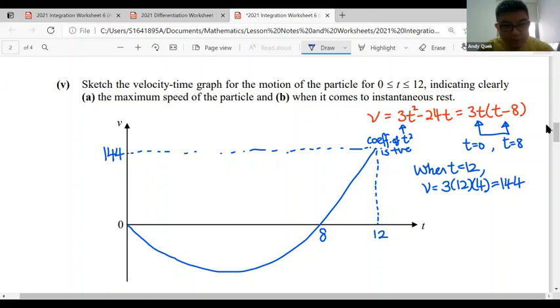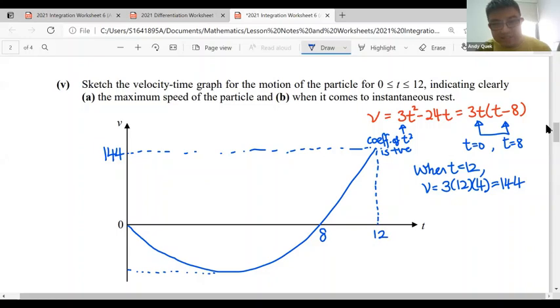But I also need to double check this one. Although it is a minimum turning point, if this value were, let's say, minus 200, then even though the velocity is minus 200, it actually means that the speed is 200, and that should then be the maximum because it's even bigger than 144.